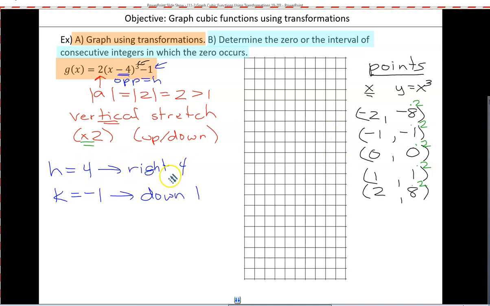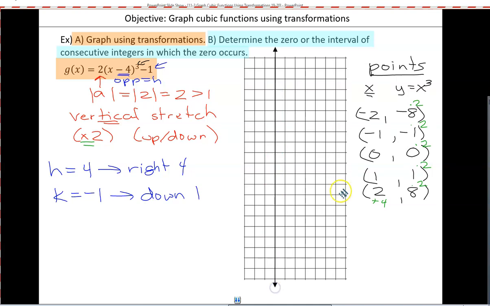Because I have this right 4 units, that is going to be like taking this 2 and adding 4 to it, which is going to move it to an x value of 6. So I want to make sure that I have at least 6 squares to the right of the y-axis. So I'm going to draw my y-axis to over here.